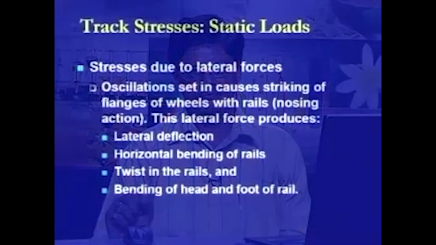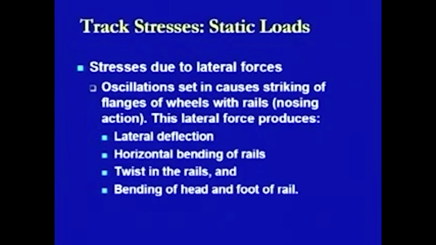And because of this action, the oscillations or the sways, different things will happen. There is a lateral deflection which will be caused because of this oscillation. There can be horizontal bending of the rails. This is another important thing because this may create some failure conditions.